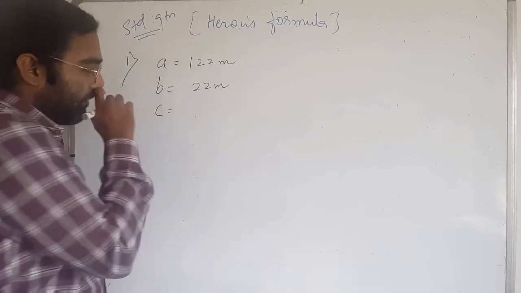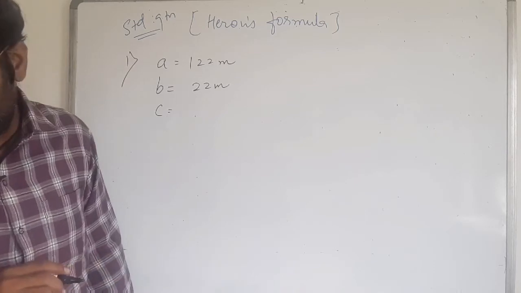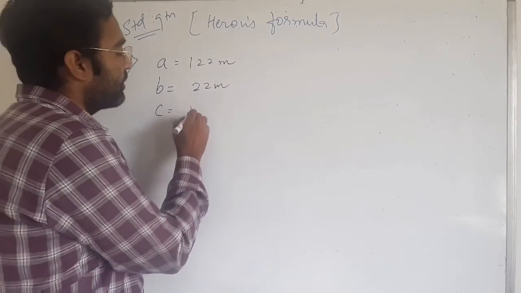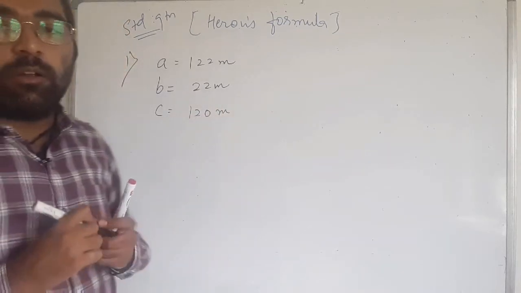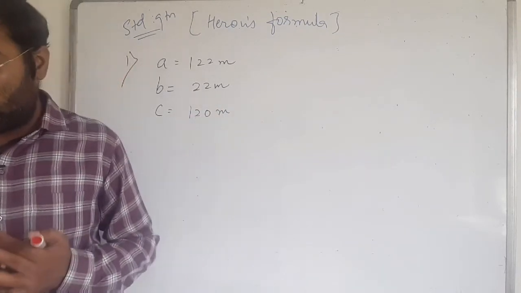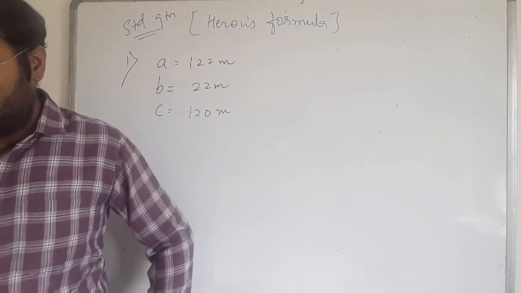So here three dimensions are given for the triangle. Let A be 122 meter, B be 22 meter, and C be 120 meter. These are the three sides of the flyover.